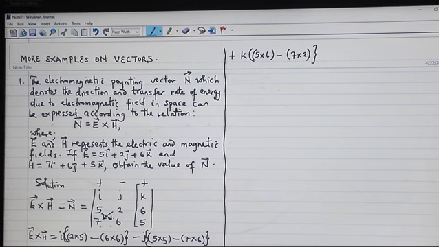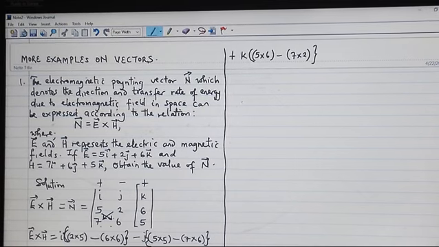So we proceed by evaluating what we have in the brackets. So we say n is equal to i into 5 times 2 is 10. Bring that here. 6 times 6 is 36.